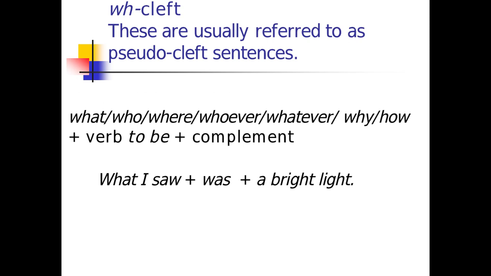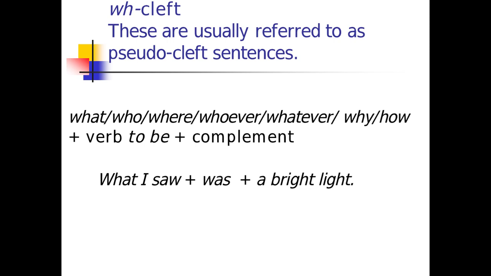Great. Now is the new part for you. When we talk about cleft sentences, we can write sentences using what, who, where, whoever, whatever, why, how, and the complement of my sentences. I'm going to give emphasis to different parts of my sentence too.